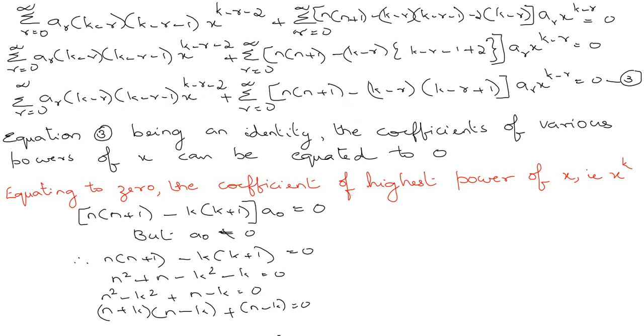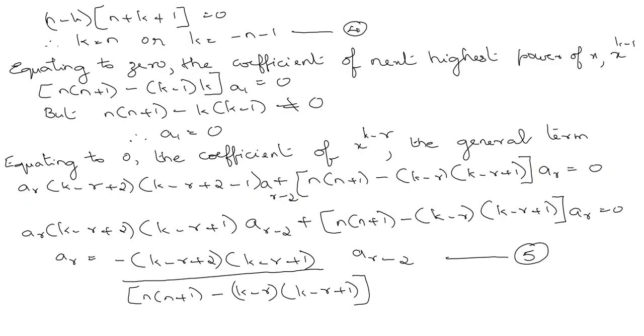Then we will be getting k minus r plus 2 minus 2, plus 2 and minus 2 getting cancelled, giving x raised to k minus r. So writing the coefficient of the general term x raised to k minus r, we will be getting a(r minus 2) into (k minus r plus 2) into (k minus r plus 2 minus 1), plus n into (n plus 1) minus (k minus r) into (k minus r plus 1), the whole thing into ar is equal to 0.